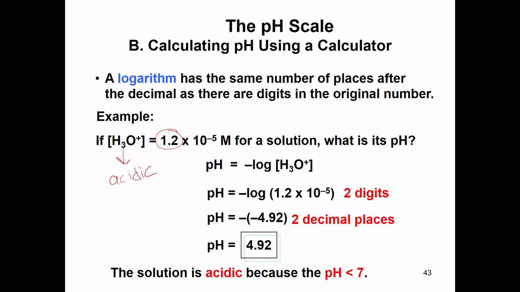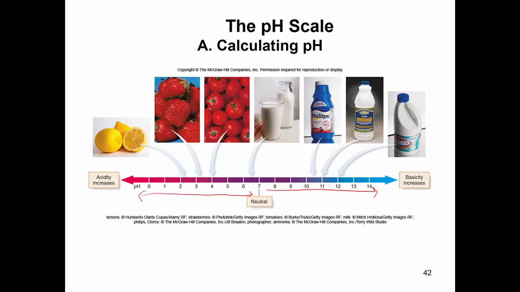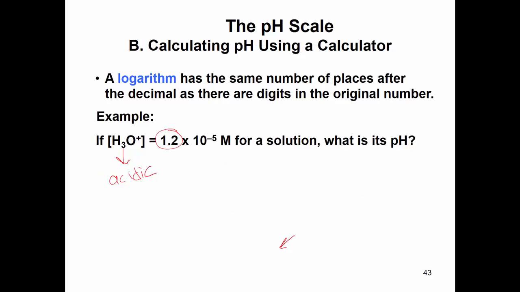And that is correct. It's 4.92. So if I look at my scale, anything less than 7, so it would fall somewhere in here, is acidic. So go back and look at your answer and make sure that it makes sense, okay?